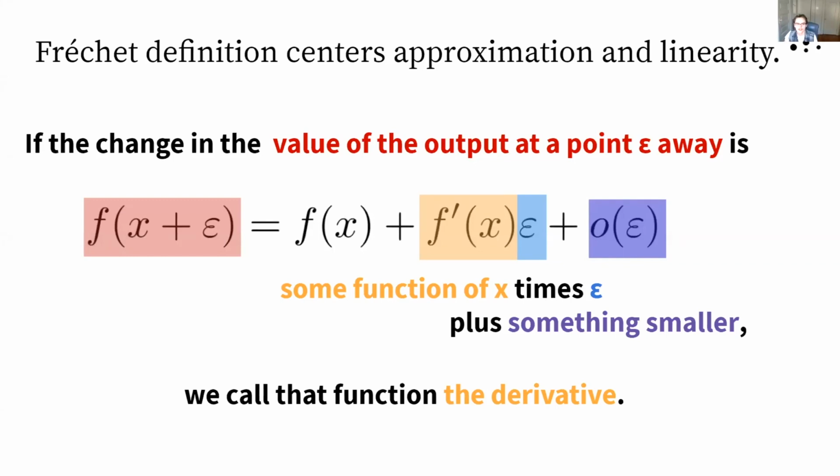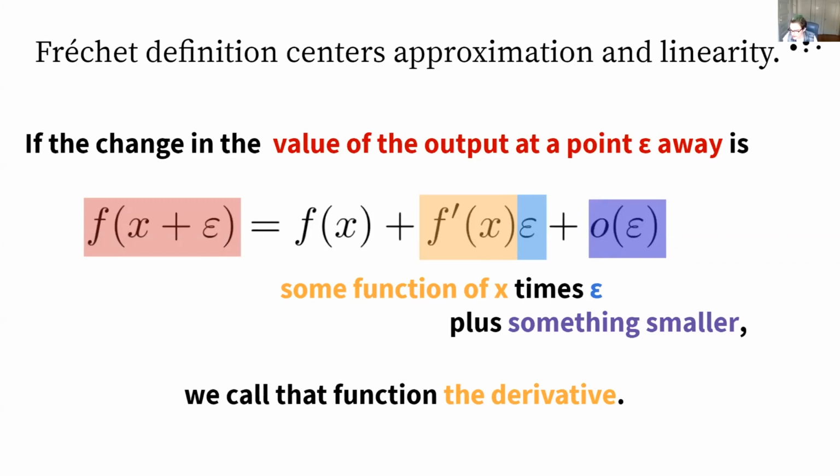And so all the gnarliness with limits, all the complexities of calculating those things, gets stuffed away inside this little o. And we do most of our work in calculating our gradients, our derivatives, by just doing a little bit of regular old algebra or linear algebra on all the rest of the stuff.